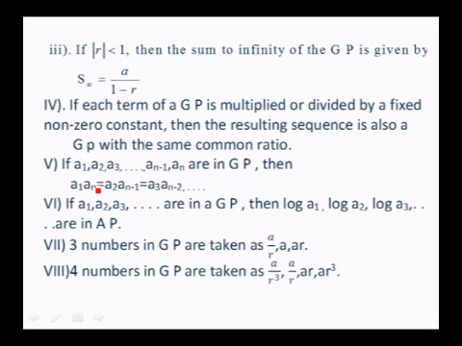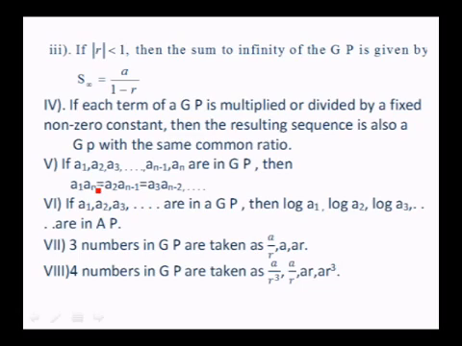If A1, A2, etc., An minus 1, An are in GP, then the product of the first and the last term and the product of the second and the second last term, all these products will be equal. That is A1 into An is equal to A2 into An minus 1 is equal to A3 into An minus 2, etc. So, if A1, A2, A3 are in GP, then log A1, log A2, log A3 are always in AP.